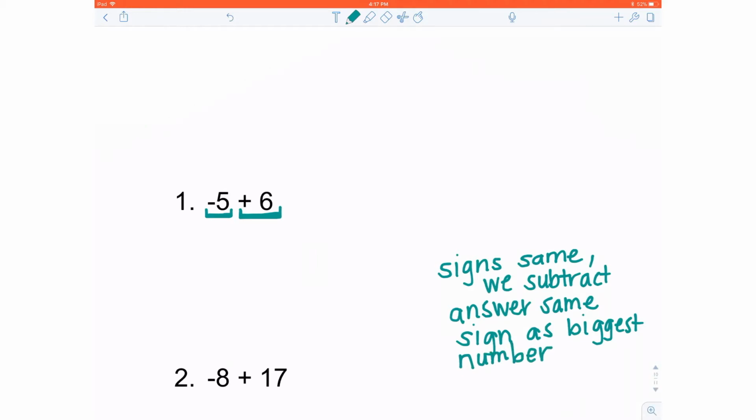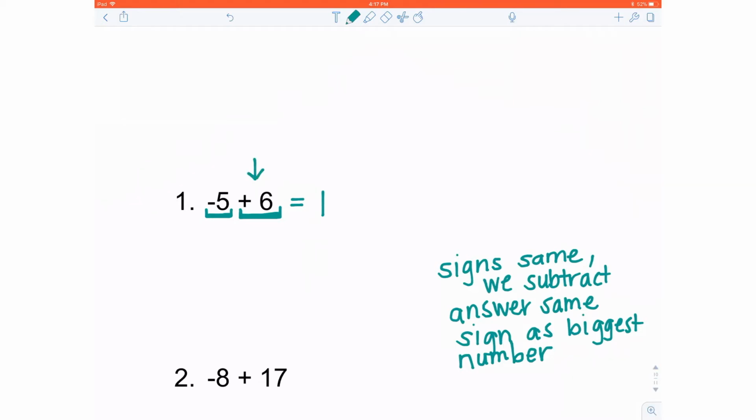Okay? So here, we're going to subtract them because there's a negative and a positive. Well, what's 6 minus 5? Well, 6 minus 5 is 1. Right? Now, it says that the answer will have the same sign as the biggest number. Which is the biggest number? The 6.